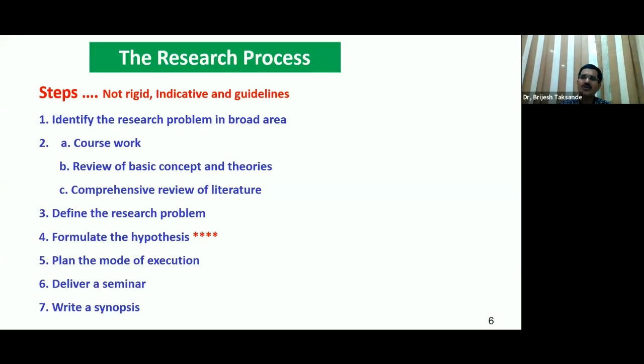Like you must have gone through Bloom's taxonomy at your degree level. It begins from knowledge, then understanding, and it ends on the synthesis level or create level. So you are on the create level, you are on the synthesis level. But this create level or synthesis level would be justified only when you have a broad understanding of the basic concepts and theory related to your subject.